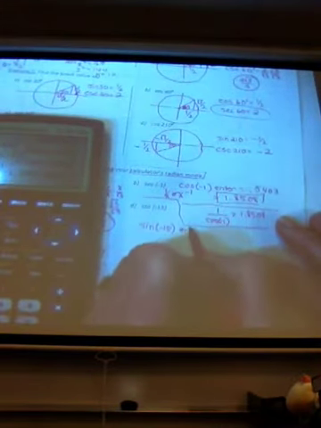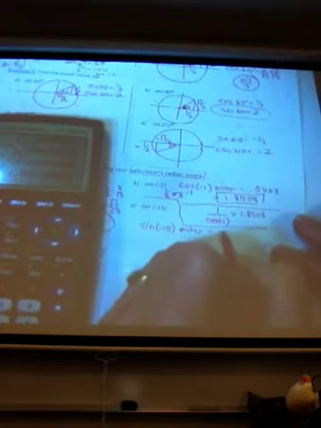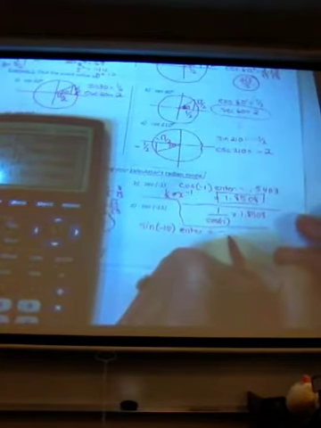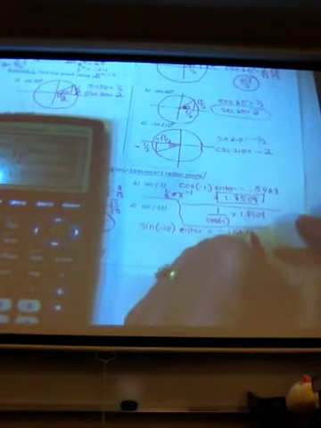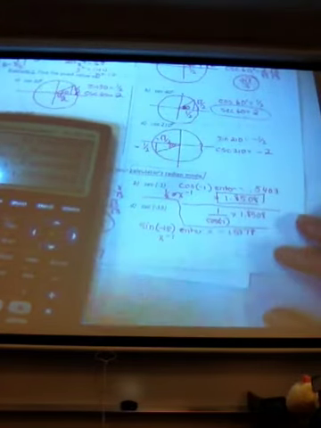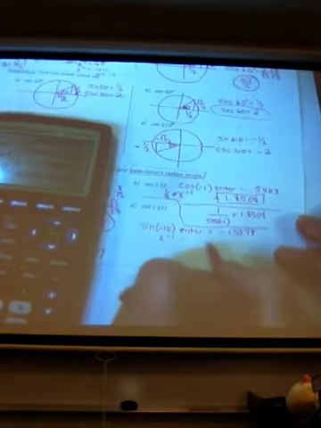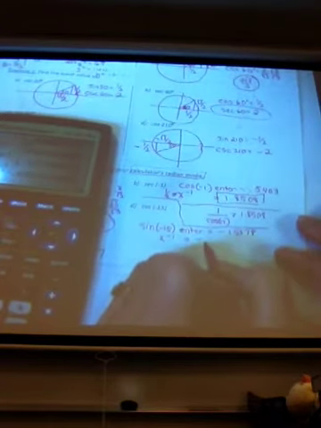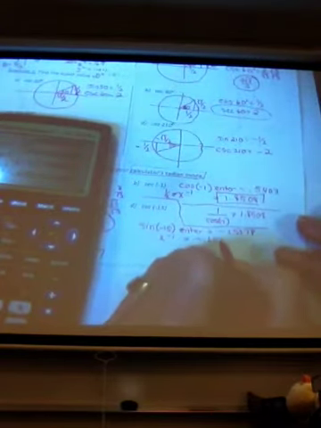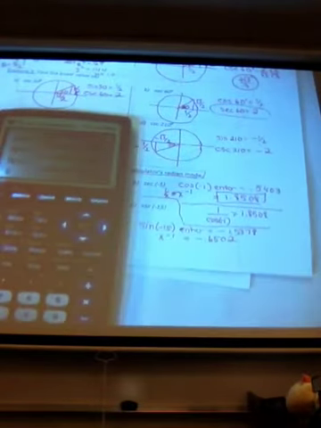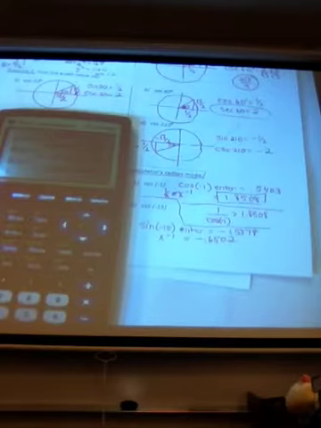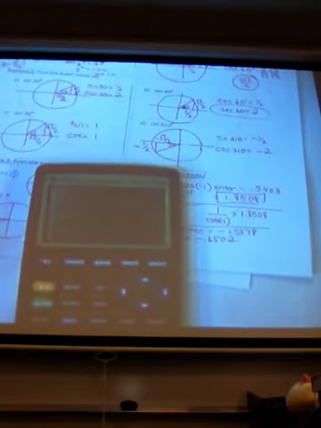You hit enter, you get negative 1.5378, and then I go x to the -1 and enter. That's your answer. On these, those aren't 30, 60, 90 triangles. So this would be the only way of using your calculator.